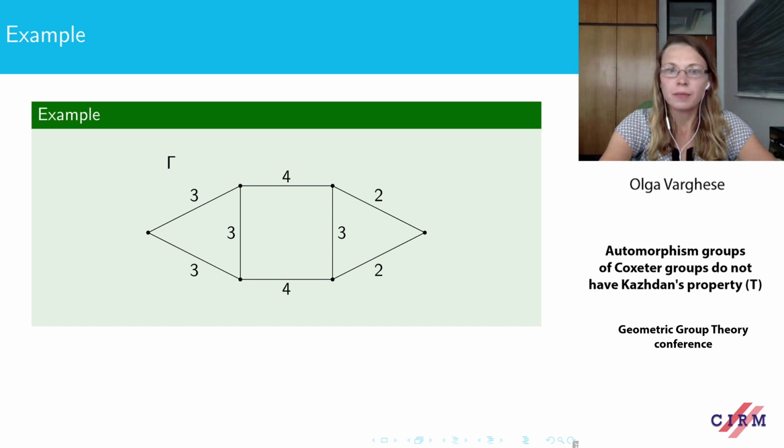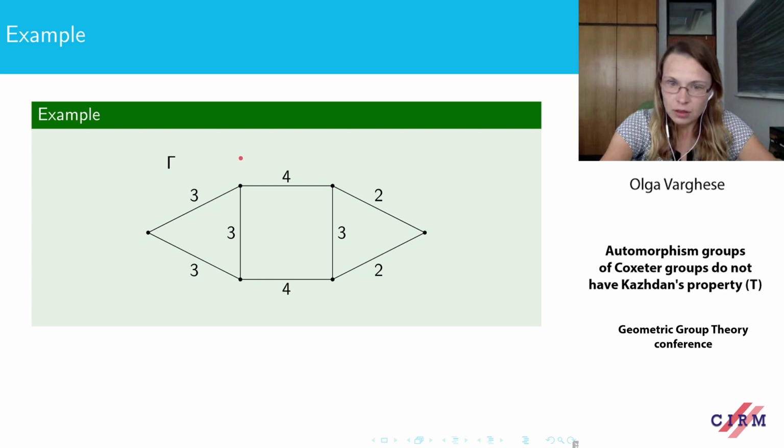Okay, next example. So this graph has only one even vertex, this one. So we cannot apply part 2 of the main theorem, but this graph has a maximal complete subgraph delta such that W delta is an irreducible infinite Coxeter group.